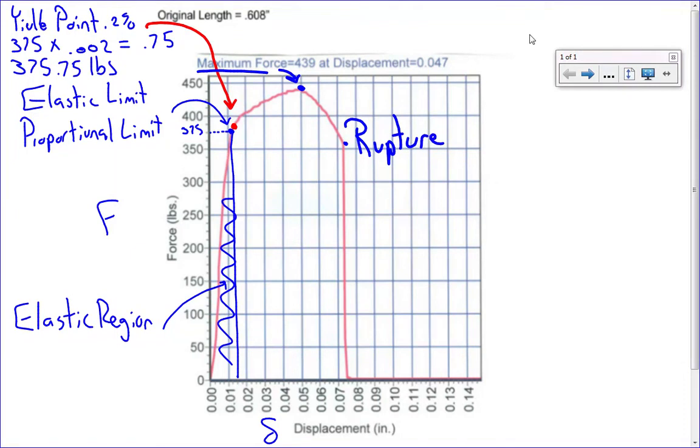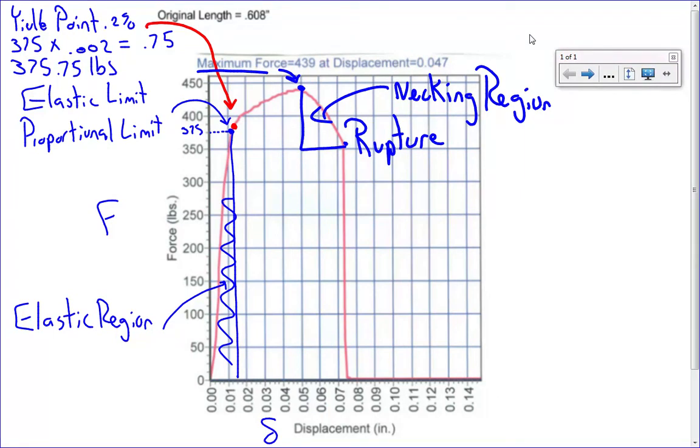And then I'd like you to connect the 2 like this. In that area, that is what we call our necking region. Just like I spoke about in the video, that's where the dog bone is actually starting to reduce its area.